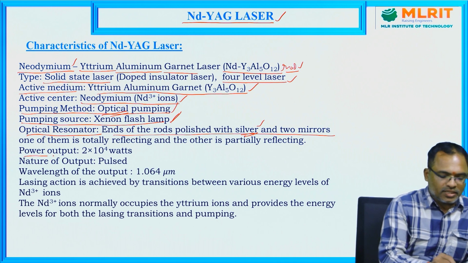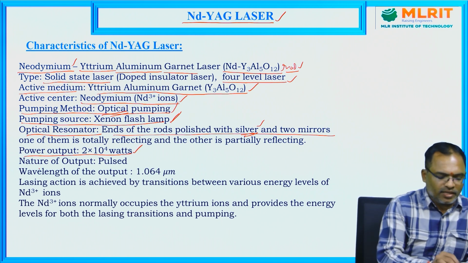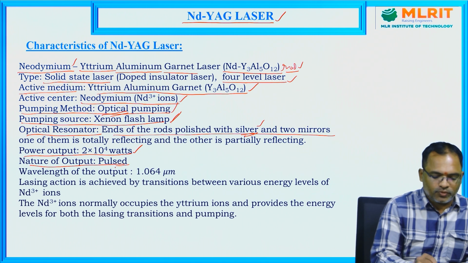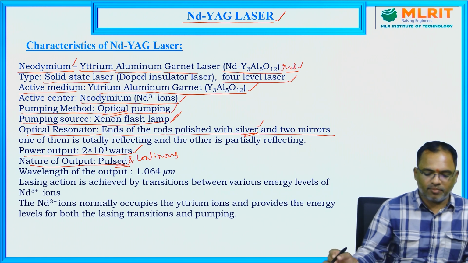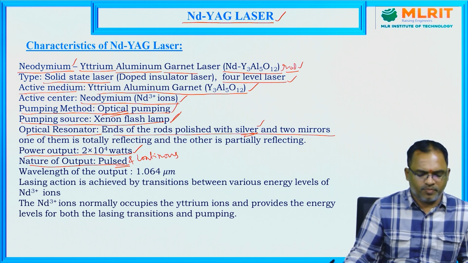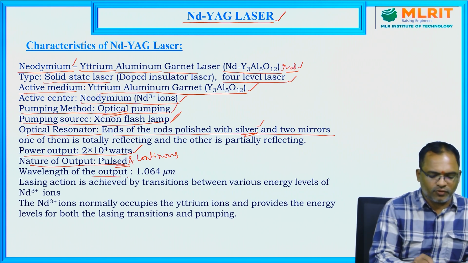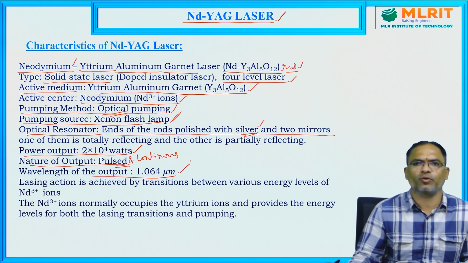So it is a high power laser. ND-YAG laser is a high power laser. And nature of output. So it is available in both pulsed and continuous modes. ND-YAG laser is capable of producing both continuous and pulsed outputs based on the requirement. And the wavelength of output in this case is 1.06 micrometers.